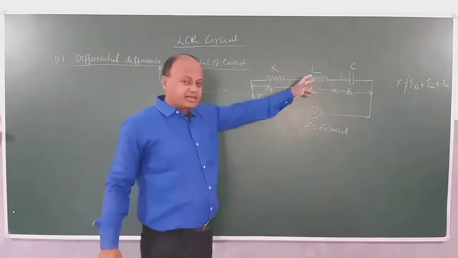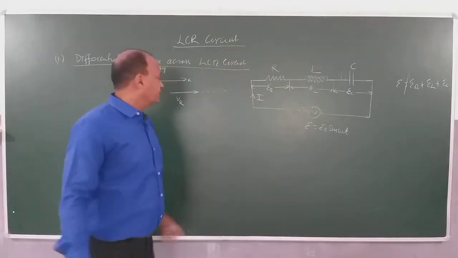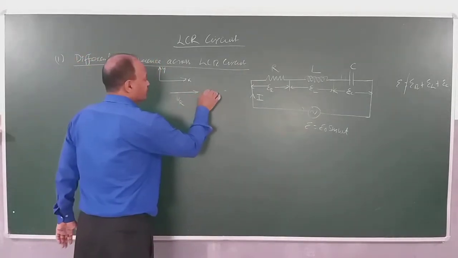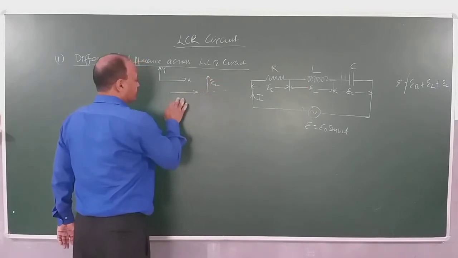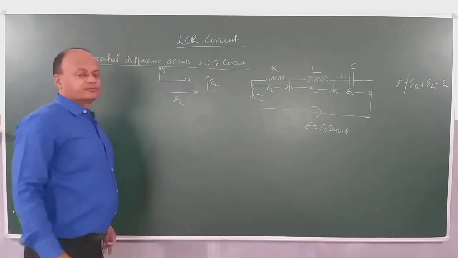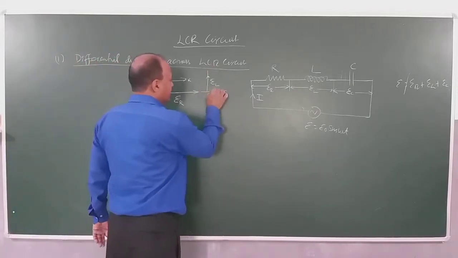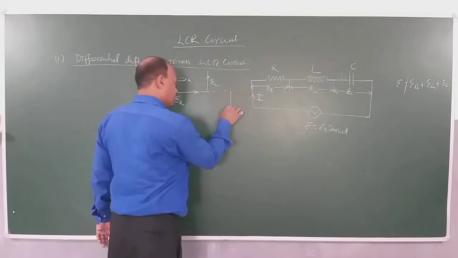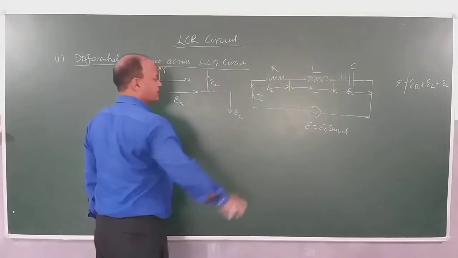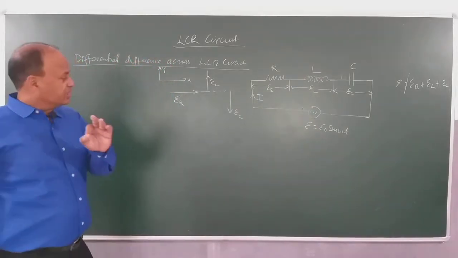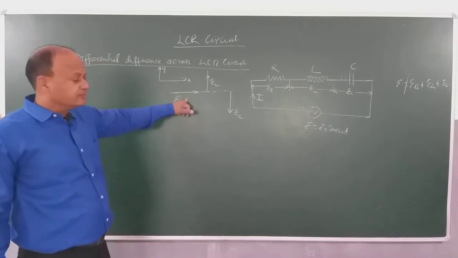Now, when I look at the inductor, you have done that the potential difference across the inductor leads by 90 degrees. So this is VL or EL, and let's say this is ER, and the potential difference across the capacitor lags by 90 degrees. So this will be down, this will be EC. Potential difference across the resistor is in the same phase as the current.